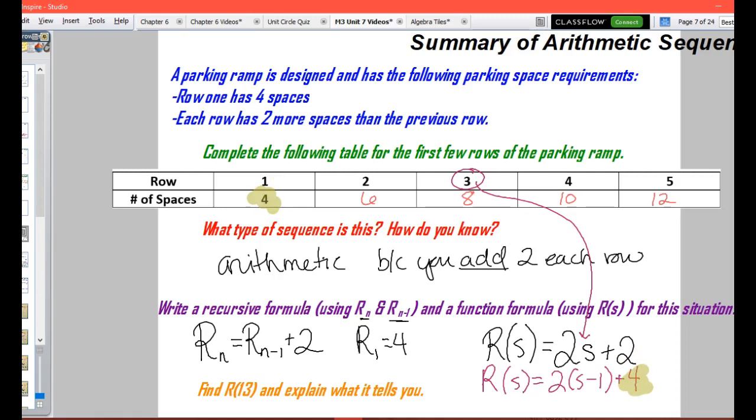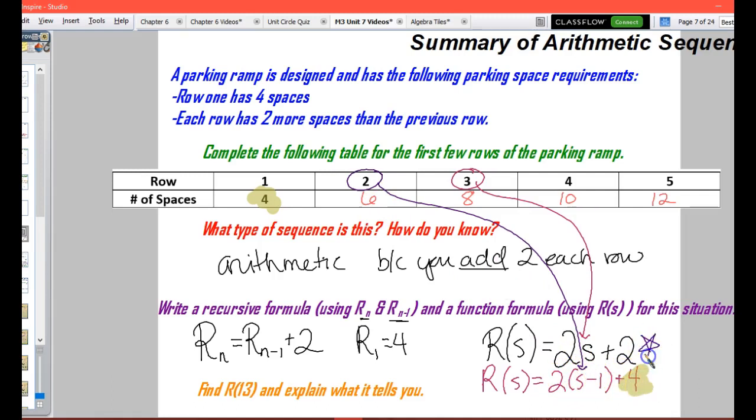If I plug in my number 2 for the second row: 2 minus 1 is 1, 1 times 2 is 2, and then 2 plus 4 is 6. Either of these equations works.